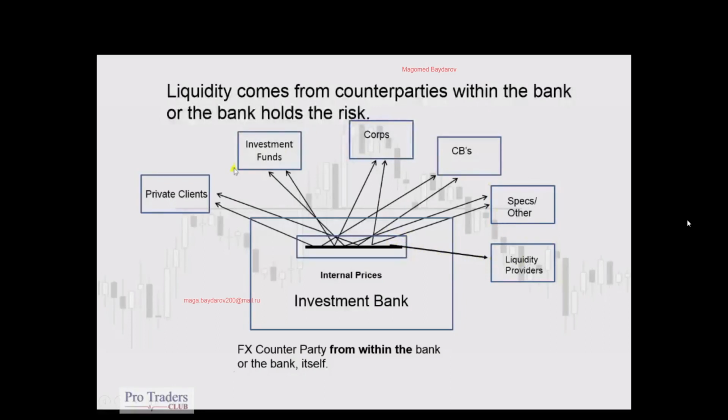It can also apply, of course, depending on the nature of a number of the other entities accessing the bank for liquidity. It's called last look.